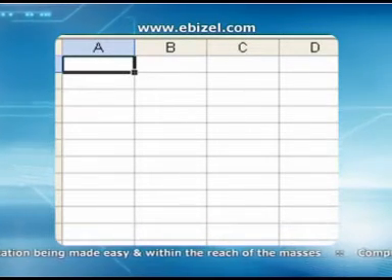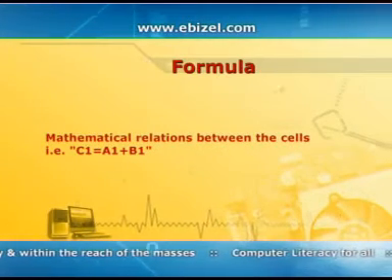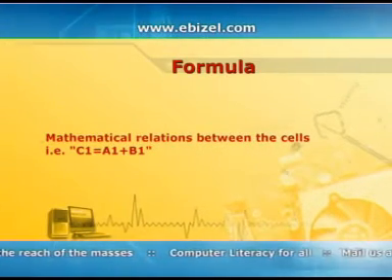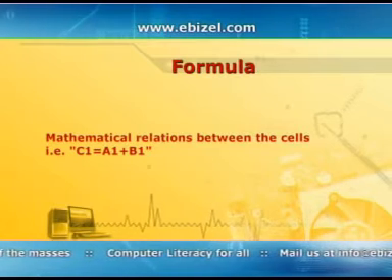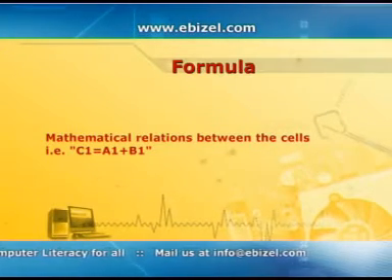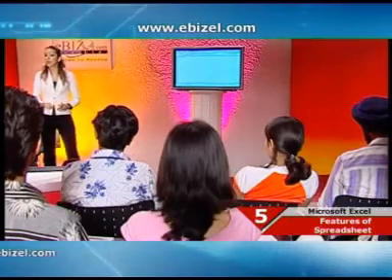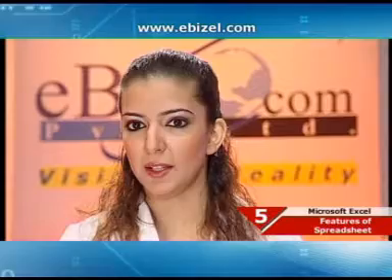What are formulas? Well, formulas are used to express mathematical relationship between cells. For example, C1 is equal to A1 plus B1 would calculate and display the sum of cells A1 and B1 into cell C1. It could also be a simple mathematical formula such as 100 multiplied by 3 divided by 40.